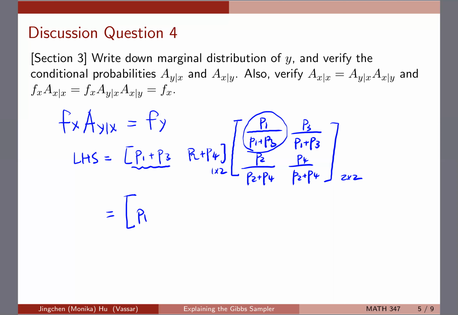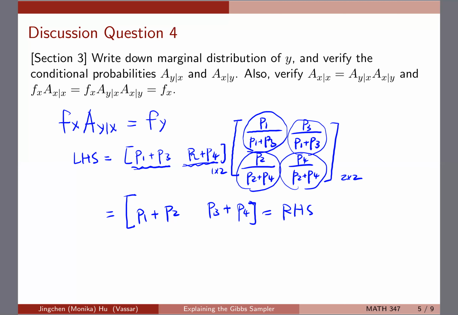And when you have P2 plus P4 multiplied with this term, it gives you P2. That's the sum of these two. Similarly, P1 plus P3 multiplied with this gets you P3, and this multiplied with the last term gives you P4. This is the right-hand side, because earlier we had that the marginal of y is P1 plus P2 and P3 plus P4.